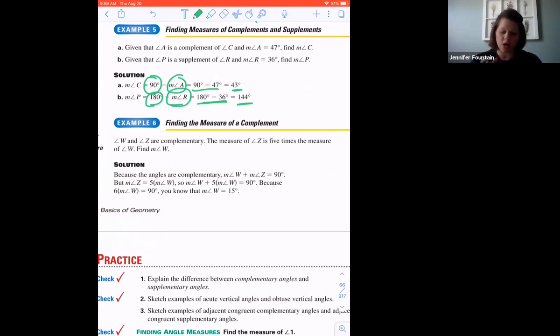Based on what they've told me, angle W and angle Z are complementary, so the measure of angle W plus the measure of angle Z equals 90 degrees. But it tells me that the measure of angle Z is 5 times the measure of angle W.